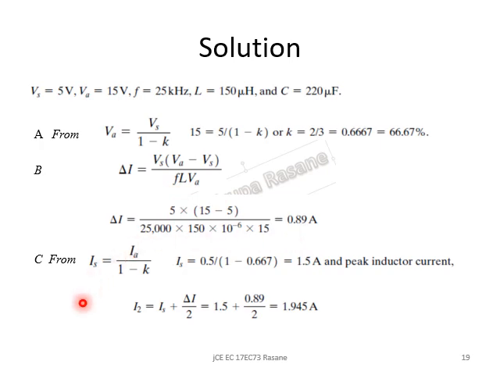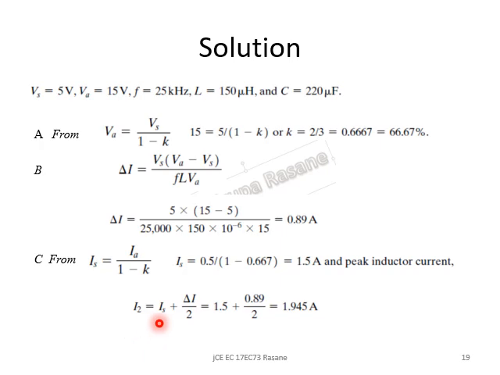Next, let us find the source current. The source current Is is nothing but Ia upon 1 minus K, and that gives me the value as 1.5 amperes, right? And Ia value has been given to us as 0.5. And now we have to find the peak inductor current. The formula goes like this.